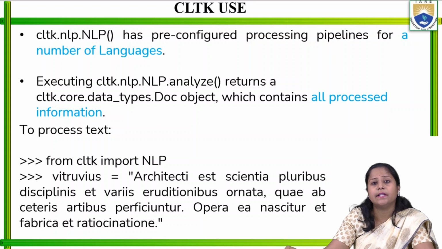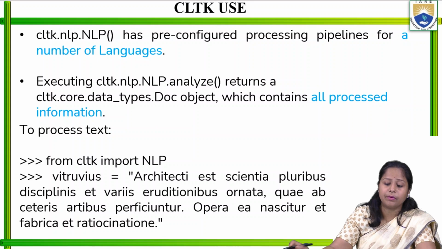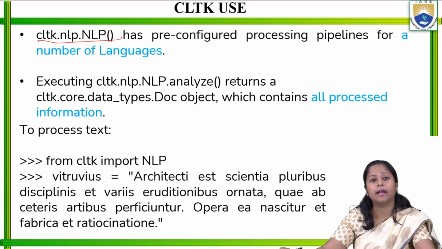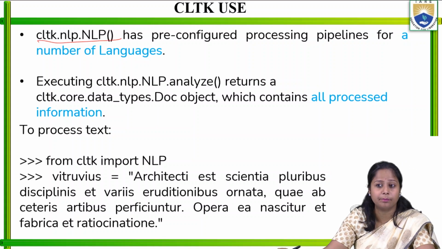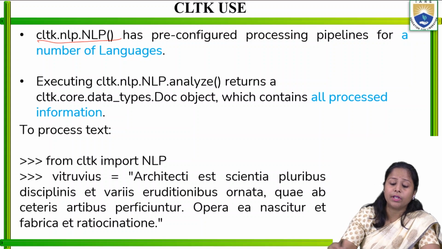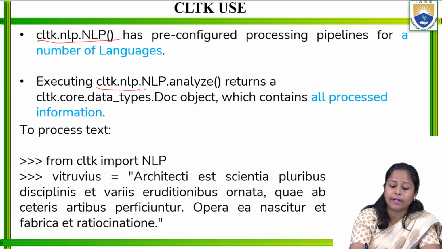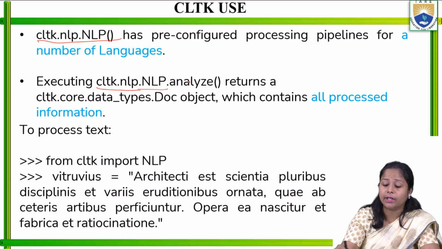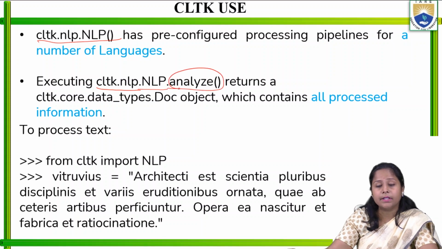Next, what is the CLTK used for actually? The CLTK.nlp function has pre-configured processing pipelines, supporting 19 languages. Then it is going to execute CLTK.nlp.NLP.analyze, a function that returns a CLTK core data type, a .doc object.